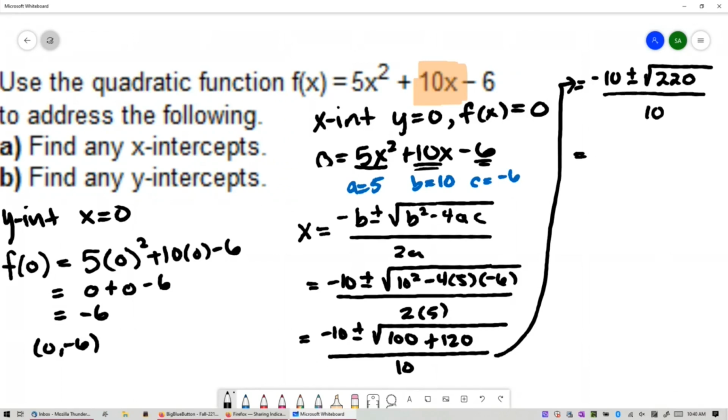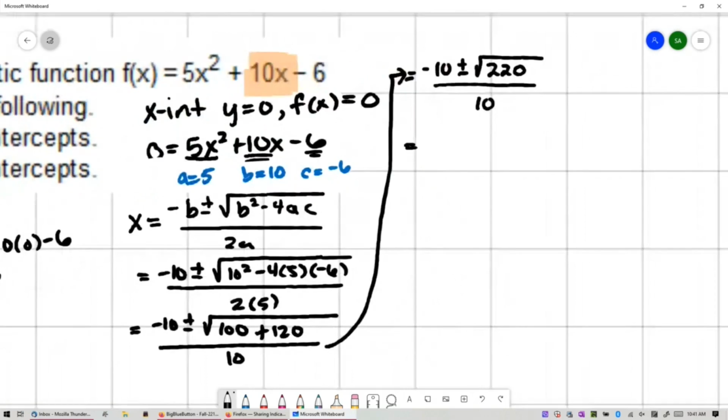And now I want to simplify the radical. When you simplify the radical, you would like to have a factorization of 220 that contains a perfect square. And you want that because the square root of a perfect square will simplify. So looking at 220, let's do this work on the side.